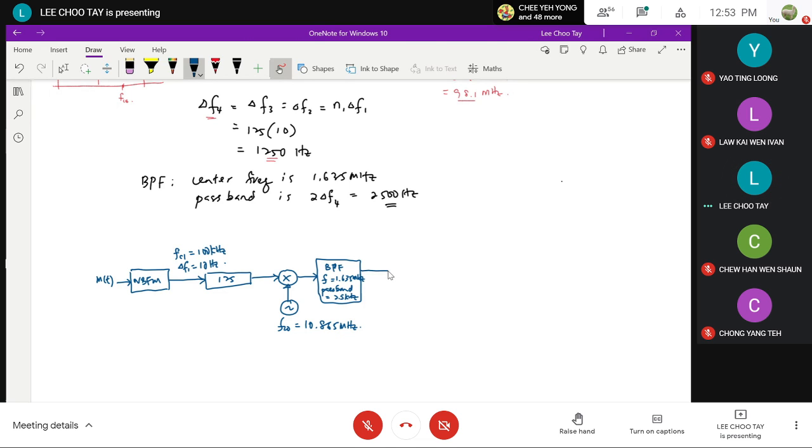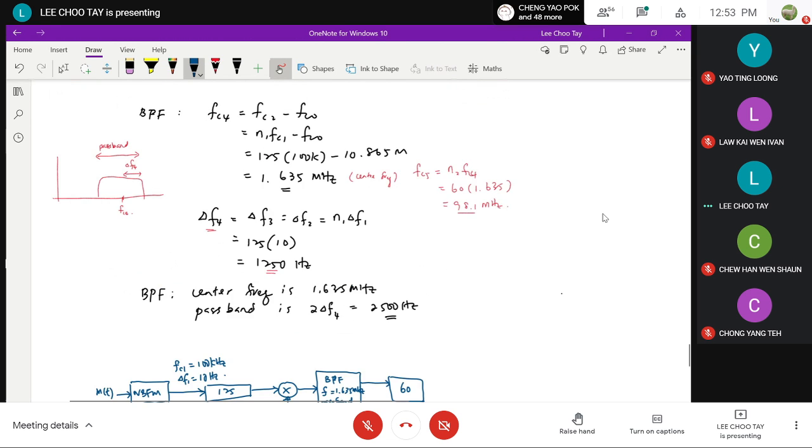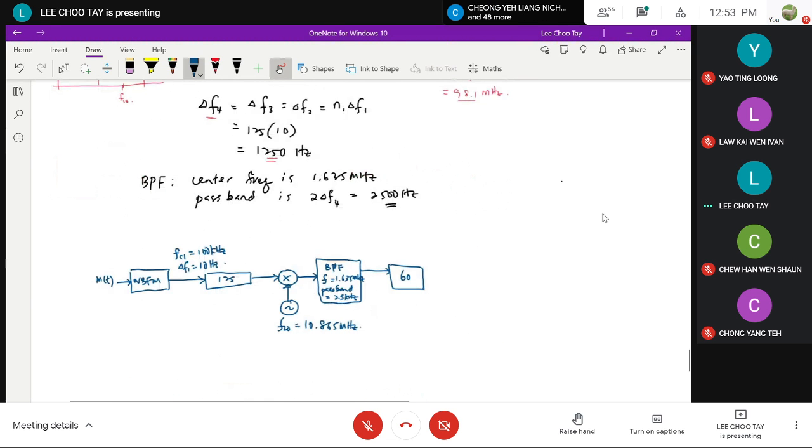Then it is followed by another frequency multiplier, N2 is 60. That will give us the final FC5 of 98.1 megahertz and our delta F5 of 75 kilohertz. So this is how your design looks like.